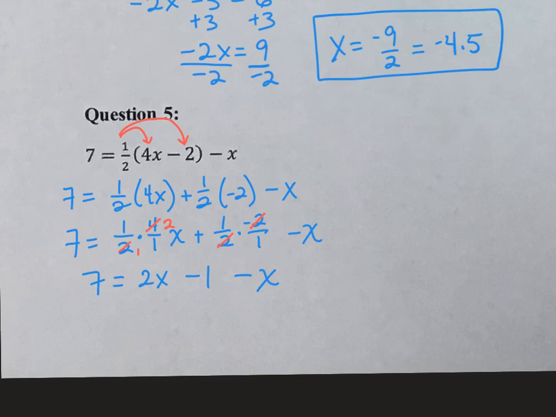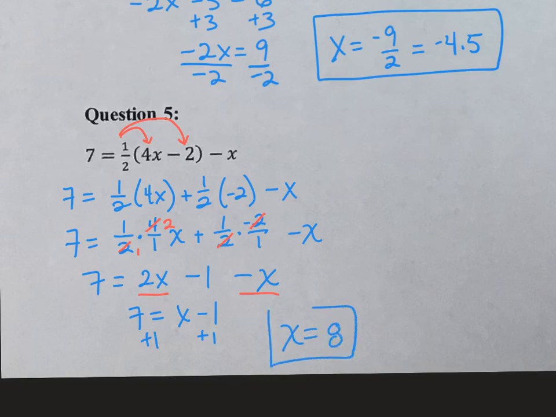Now I can combine these like terms, and I've got 7 equals 2x minus 1x is 1x minus 1. Add 1 to both sides, and now I'm left with x equals 7 plus 1, which is 8.